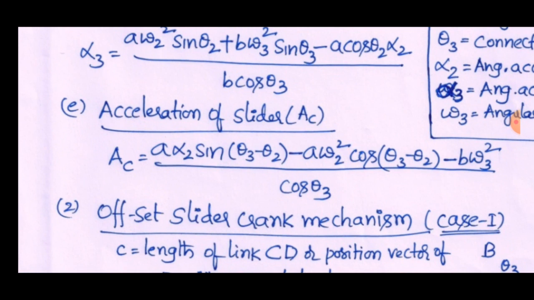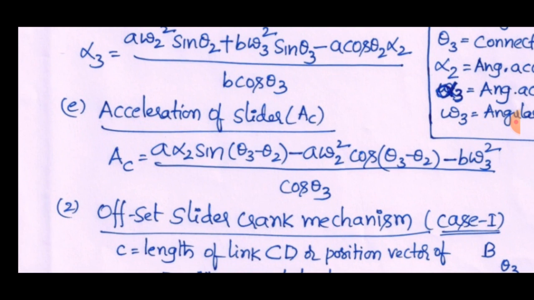So acceleration of slider, A suffix C, is equal to a alpha 2 into sine of theta 3 minus theta 2 minus a omega 2 square into cos of theta 3 minus theta 2 minus b omega 3 square, whole divided by cos theta 3. Here a is known, alpha 2 is known, theta 2, theta 3, omega 2, omega 3, everything is known. Just substitute and find the acceleration of the slider.